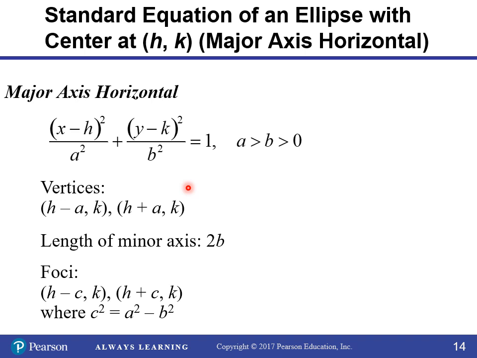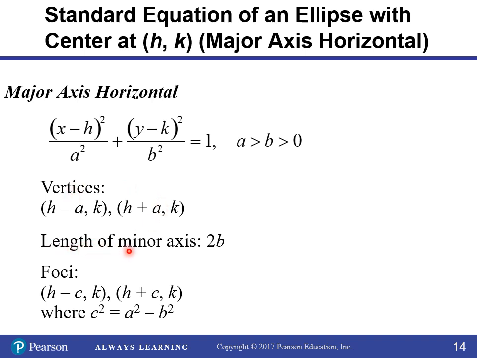When you go to find your vertices, we have to do a little bit more math. The k is going to be whatever that point is for a horizontal major axis, but for the x value, it's going to be h minus a, and for this one, h plus a. Notice the k stays the same.